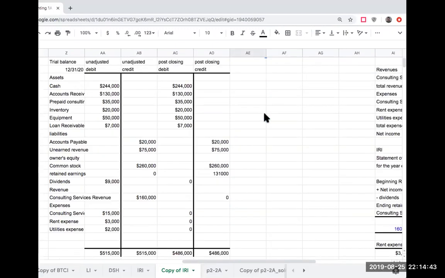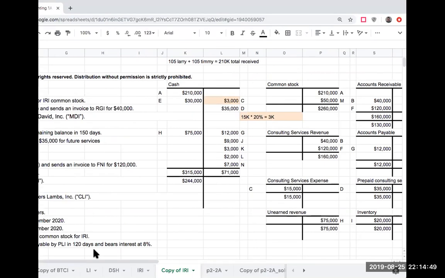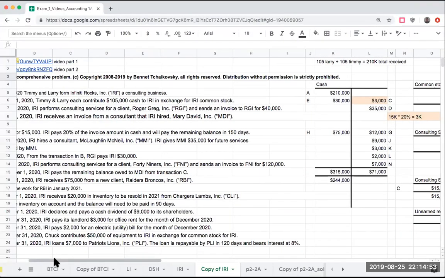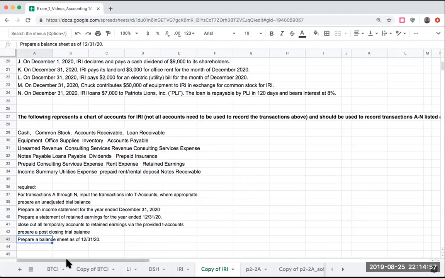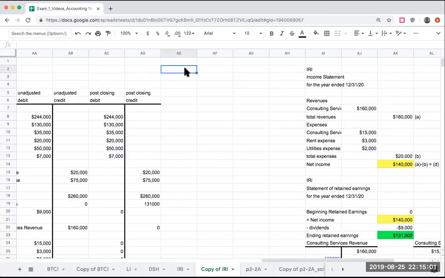The last part that we're going to go through and do is a balance sheet. And when we do a balance sheet, we want to read the instructions because it's going to tell us right here what we need to do. And it tells us we need to do a balance sheet as of December 31st, 2020. So what I'm going to do here is I'm going to say IRI balance sheet as of 12/31/20.